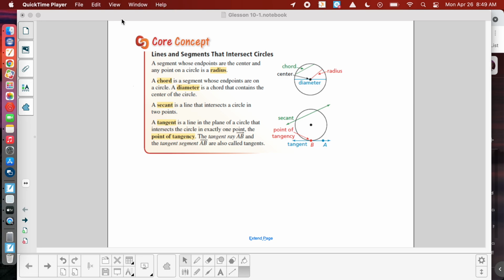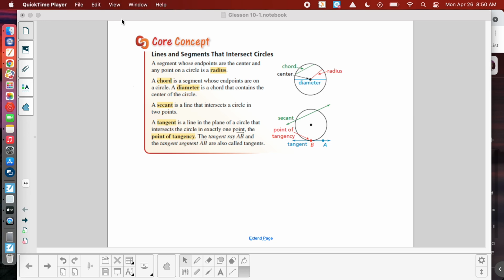Both those are segments. Something that might be new to you is the idea of a secant. A secant is a line that intersects a circle at 2 points. So that's something different. A chord is a segment that has endpoints on the circle.